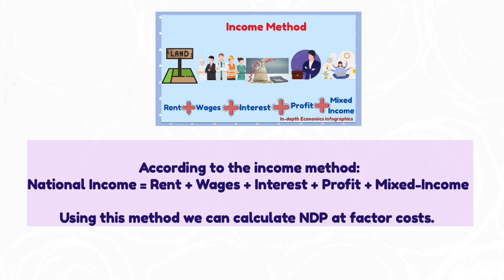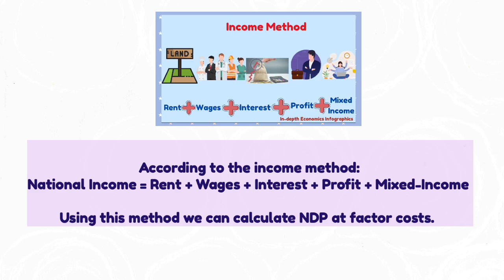Now let us look at the income method. Production of goods and services involves the use of land, labor, capital and so on. And if we consider these factors of production, income is generated via rent, wages and salaries, profit and interest. We can then calculate national income by adding all these types of income.